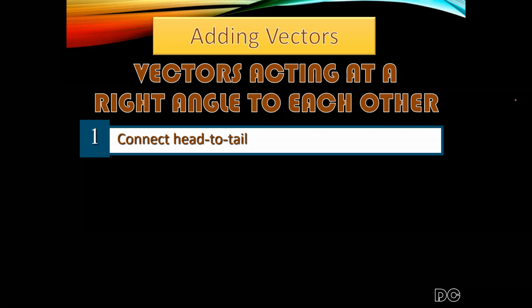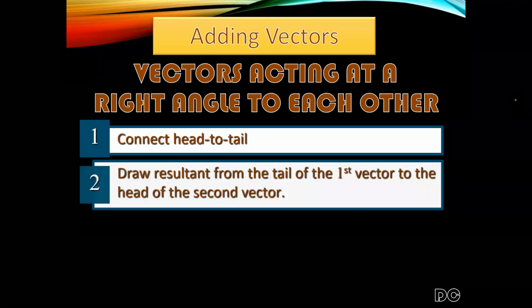Take note, the head of the vector is the one that has an arrow, and the tail is the one that is plain or straight. Yung may arrow na sign, that is the head, and yung may straight lang, that is the tail of your vector. Then after you connect the head and the tail, draw your resultant line from the tail of your first vector to the head of your second vector.